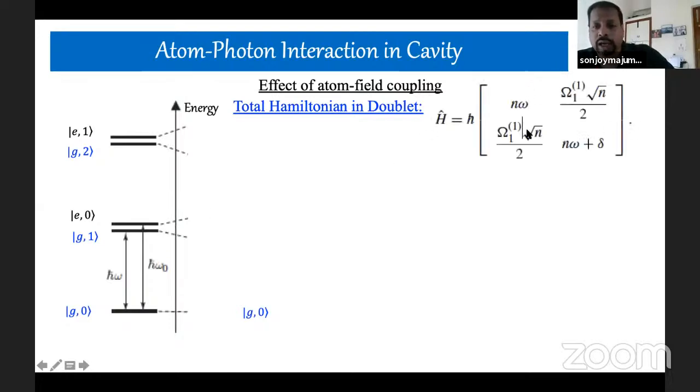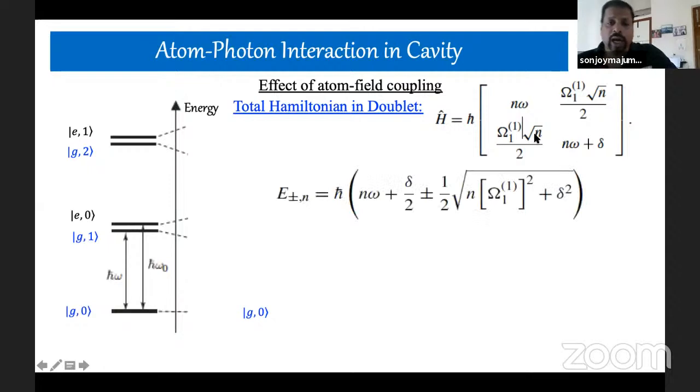So we got this Hamiltonian, and now we just diagonalize. If you diagonalize, you will get eigenvalues, and the eigenvalues look like this. You will get some extra terms. As you see, this is n times.